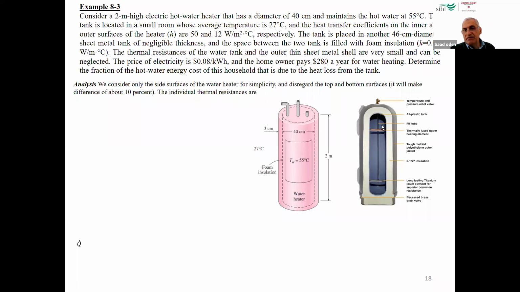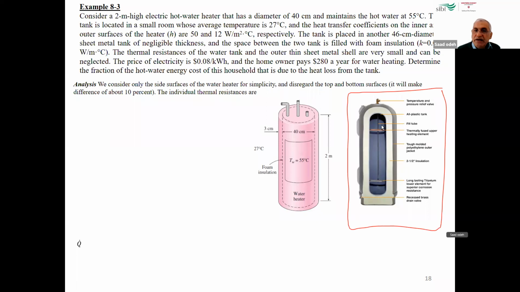The tank shape is like this. As you can see, this is the real picture here. If you look at the picture, the tank actually consists of 2 or 3 major layers of cylinders.